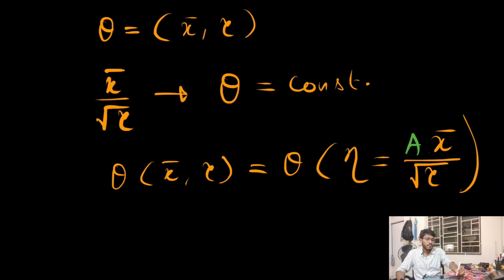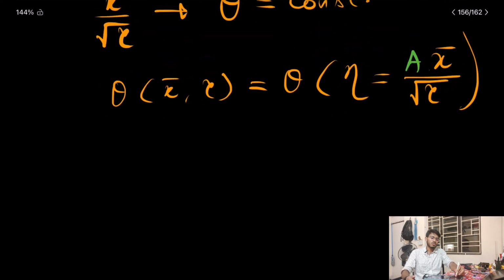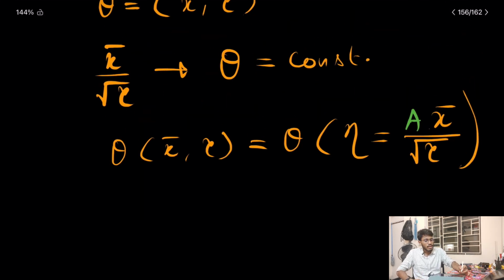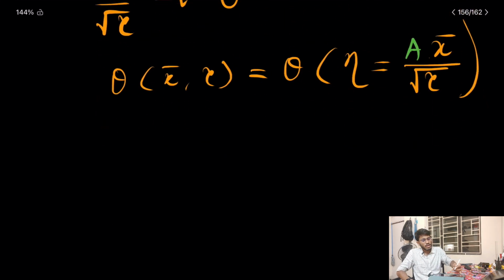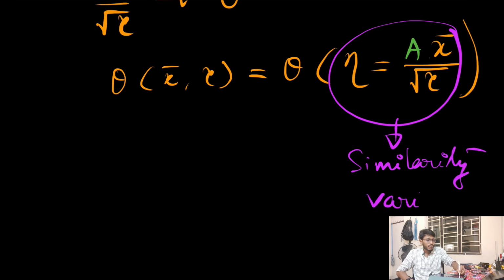Because you see, if this is equal to constant, then some constant a into this will also be constant. So that is same. I mean, that will not put any effect, right? Okay, so this is actually called a similarity variable.